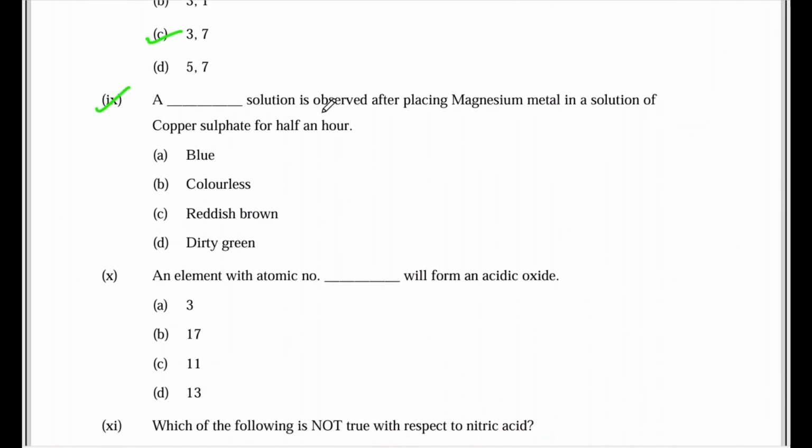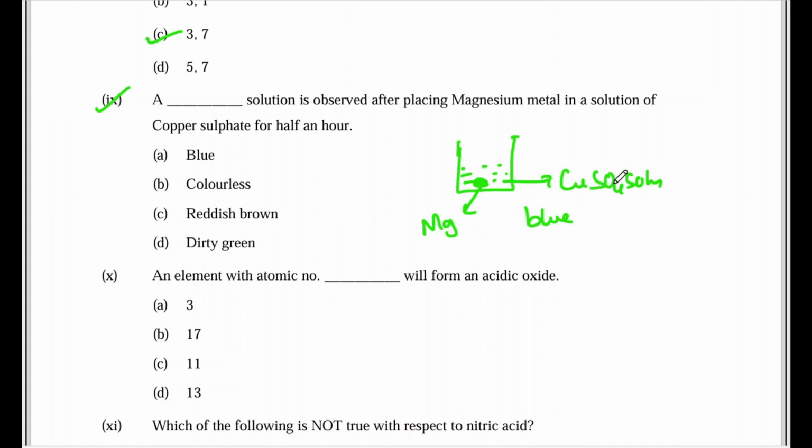A dash solution is observed after placing magnesium metal in a solution of copper sulfate for half an hour. So this one we learnt in grade 9. This is a simple displacement reaction. You have a copper sulfate solution. What is the color of copper sulfate solution? Blue color. You placed some magnesium metal here.